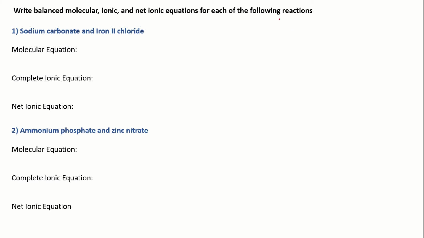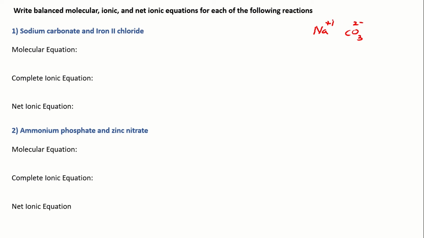Alright, so I will do the first one, sodium carbonate. Sodium, the symbol is Na, and when you go to periodic table, it's in group 1. So that means it makes the +1 charge. And the carbonate, that is a polyatomic anion, CO3, that is the charge.